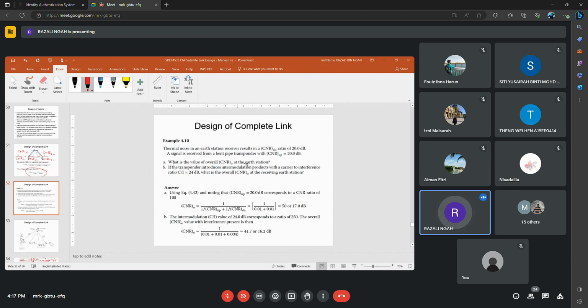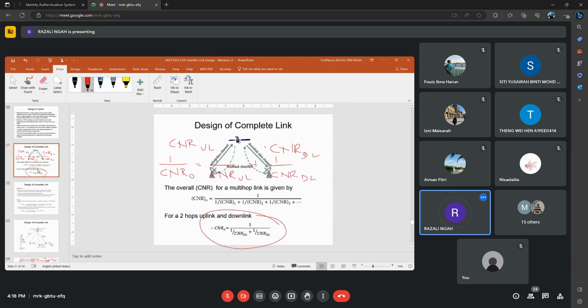In this example, both uplink and downlink CNR are 20 dB. You need to determine the overall CNR. Either you use this formula or you can use this formula.